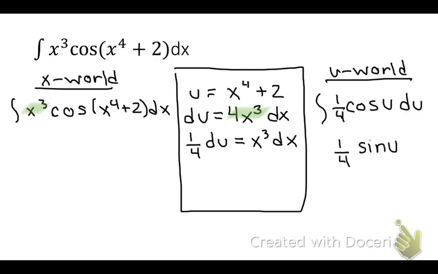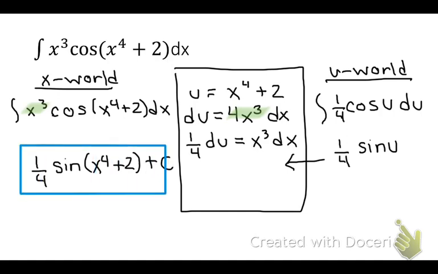Now we're still in U world, so we have to go back through our box to get back to X world, and we're going to have 1/4 sine of x to the fourth plus 2, don't forget it, plus c. Boom, that's it.